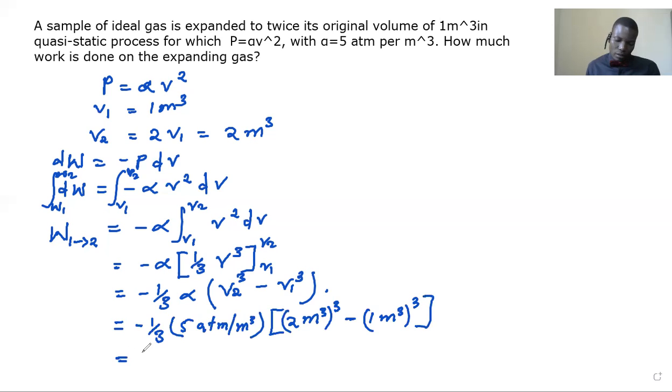Once we punch it in, we get 5/3 atmospheres per cubic meter, and this is going to give us 2 cubed is 8, and minus 1 gives us 7.